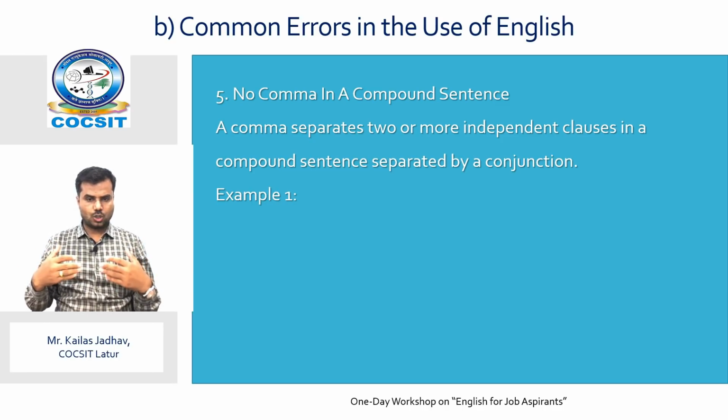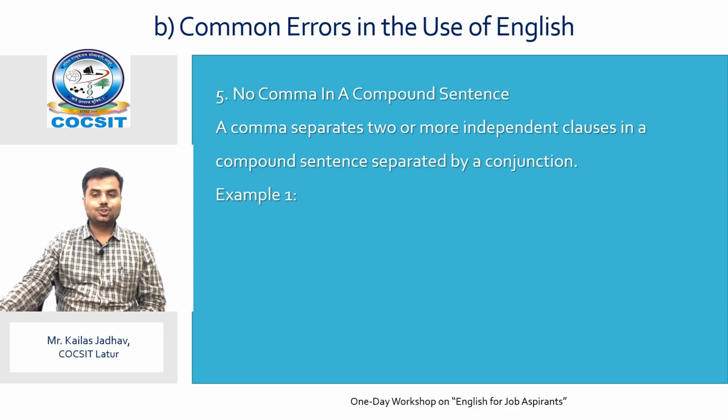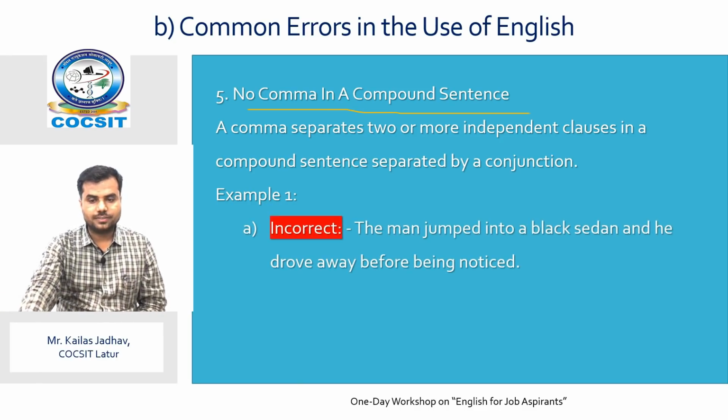Two independent clauses are placed together with the help of and, but, or, and there can be many more coordinating conjunctions. That time we should make use of a comma, but sometimes people don't make use of it.